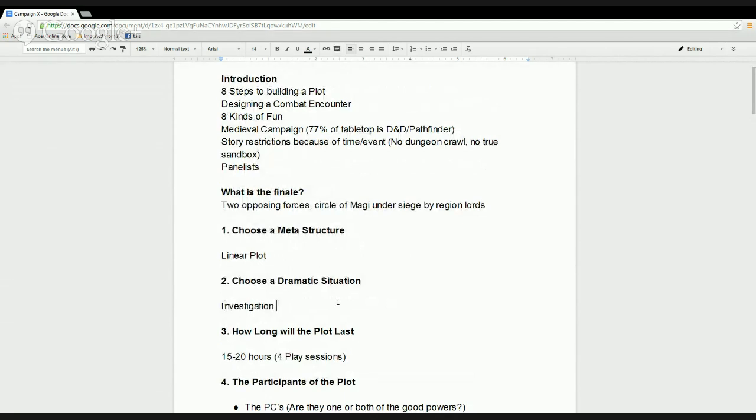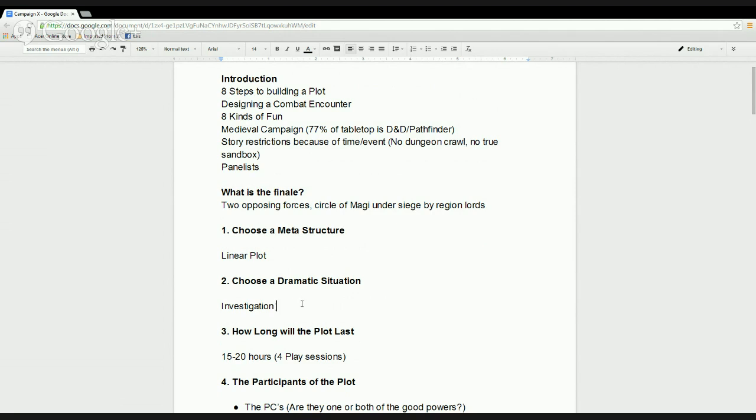I'll fill that out. So the idea is that the players are going to go in and investigate the situation that's going on. They're going to be sent by another party that is not, at this point that we know, directly connected to the Circle of Magi or the Regional Lords. They're going to make an investigation and then ultimately make a determination on that investigation.